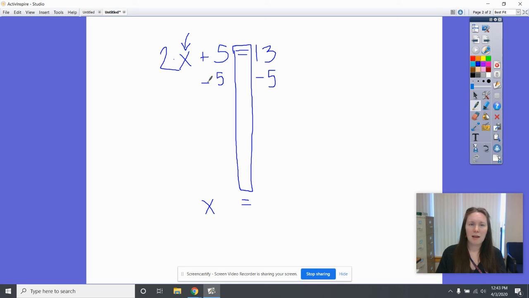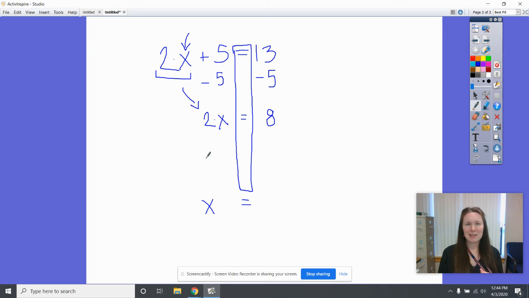Then a positive 5 minus 5 is 0, but I don't actually have to write 0. So now the only thing left is my 2x, so I'll bring that down, equals, and then 13 minus 5 is 8. Now it's just a one-step equation. Now it's like something you are familiar with. We have 2 times x. We need to split these apart.